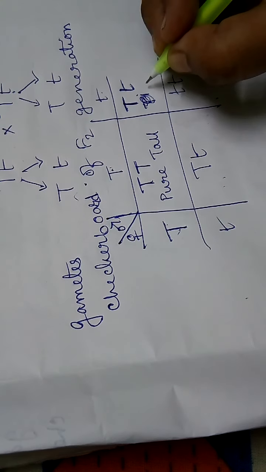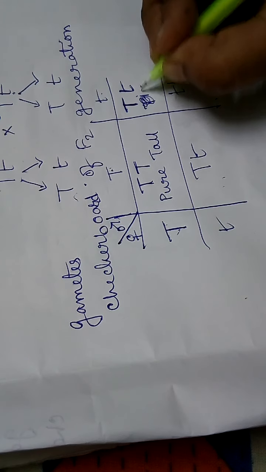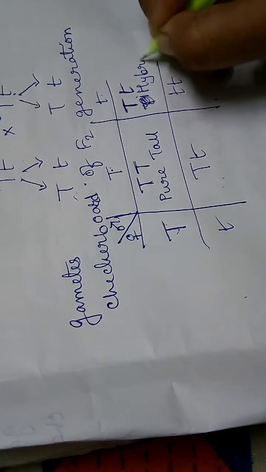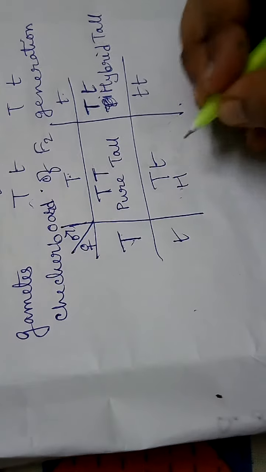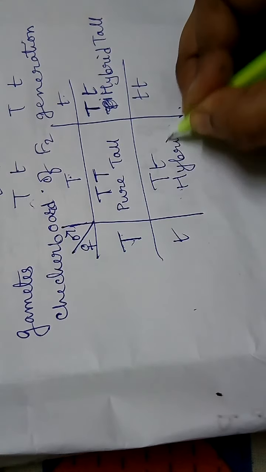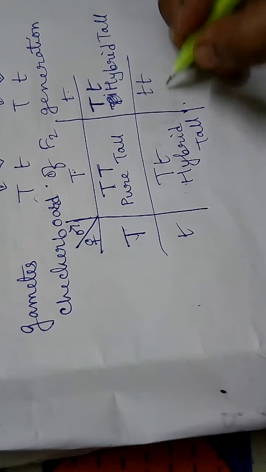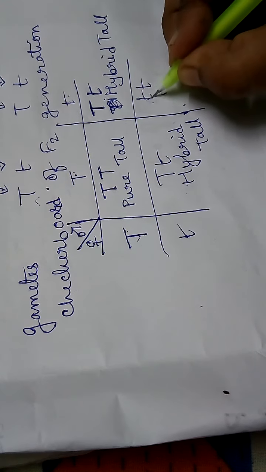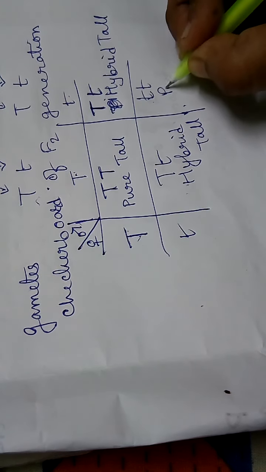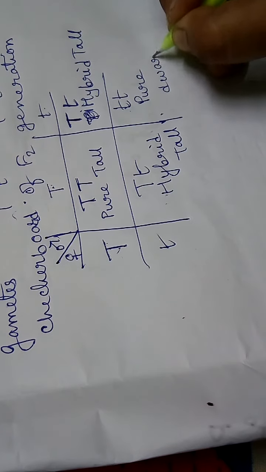This is also phenotype tall, but what kind of tall? That is hybrid tall. Same way, this is also hybrid tall, and this is small t, small t, same kind of allele here. So small t, that is pure dwarf.